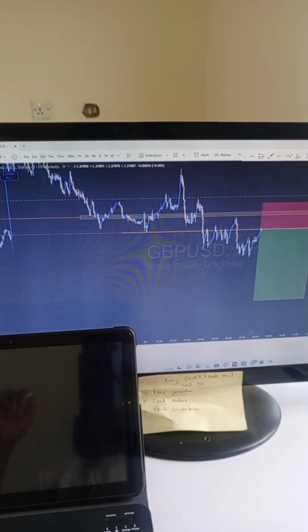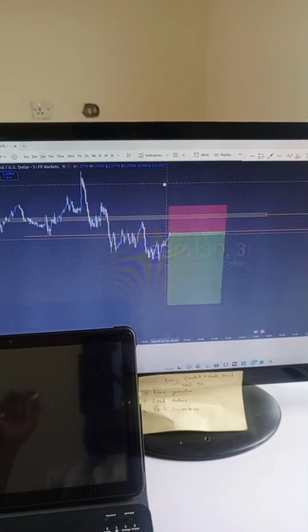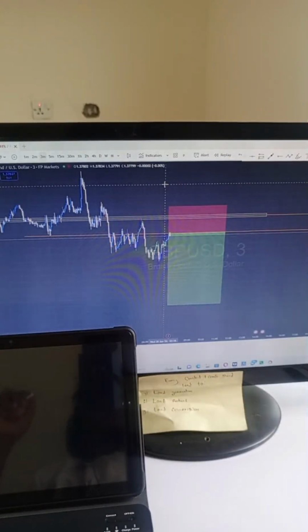So what differs is the fact that those who are profitable traders, they know how to manage their risk properly to the point where even if they hit SL back to back, their one win will cover up most of their losses. And apart from that, they have the confidence because they are looking at the bigger picture.